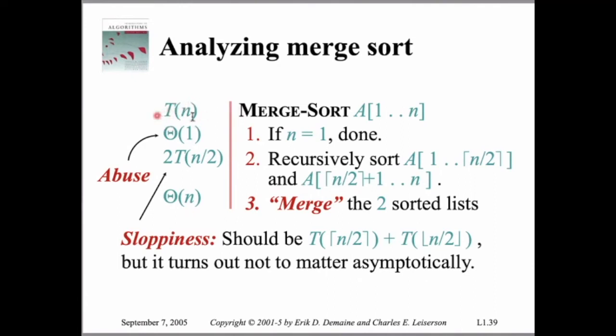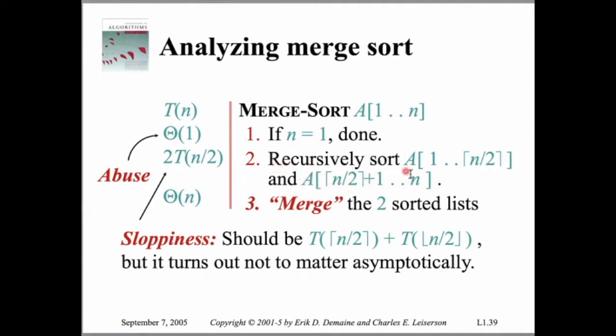T of n is still unknown to us. T of n is equal to the time necessary for step 1, assuming it is constant time. And then step 2, we represent as the running time of sorting this half and the running time of sorting the next half.